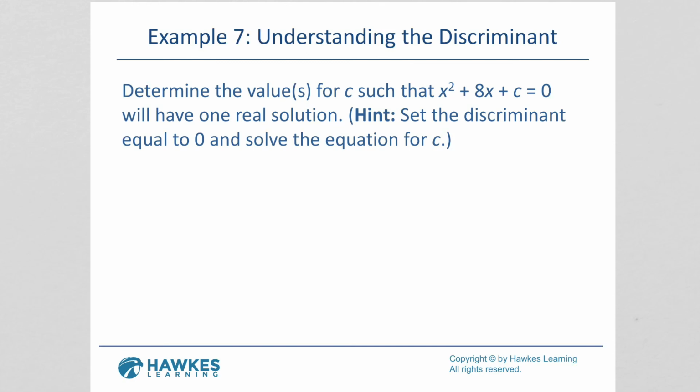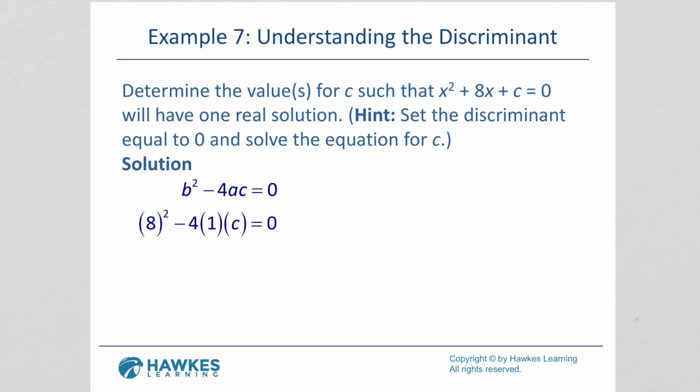Example 7, determine the value or values for c such that x squared plus 8x plus c is equal to 0 will have one real solution. The hint here, set the discriminant equal to 0 and solve the equation for c. So we have b squared minus 4ac equals 0.